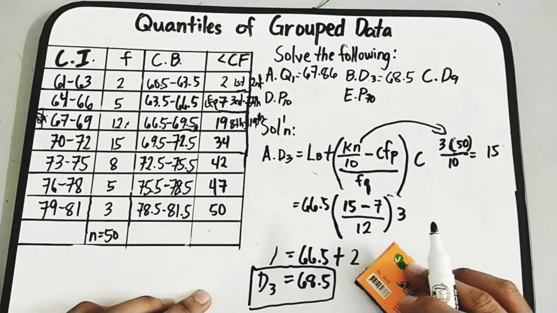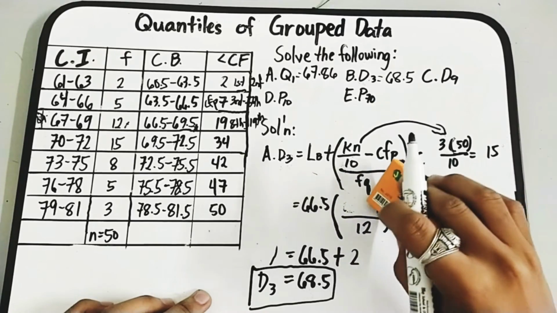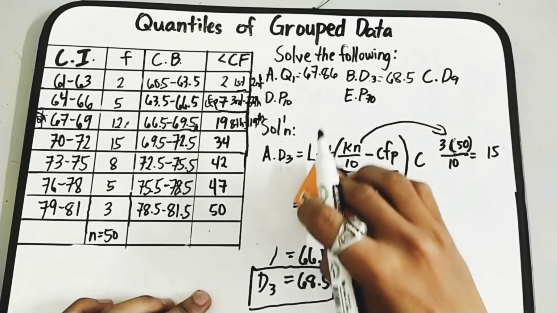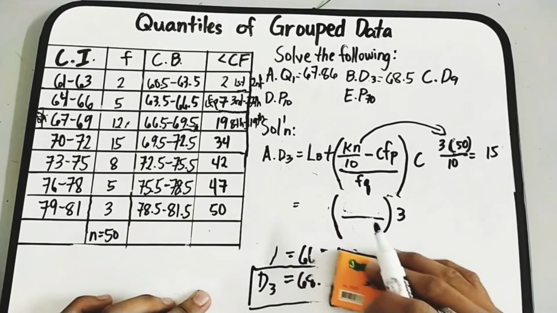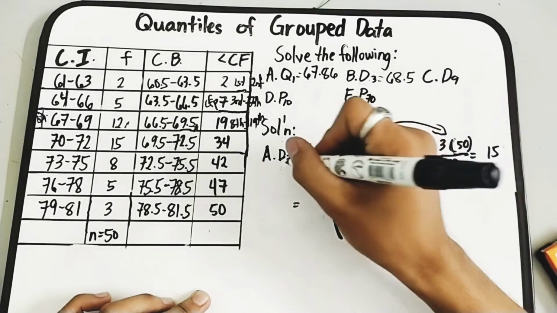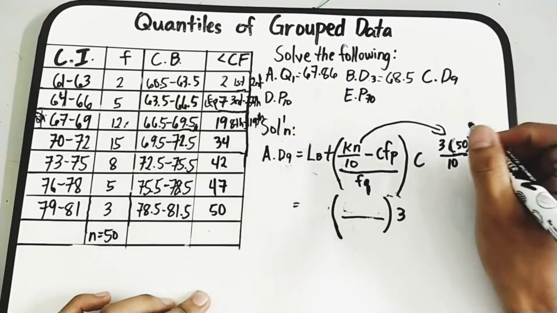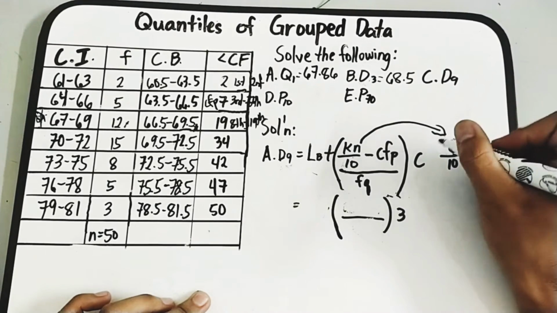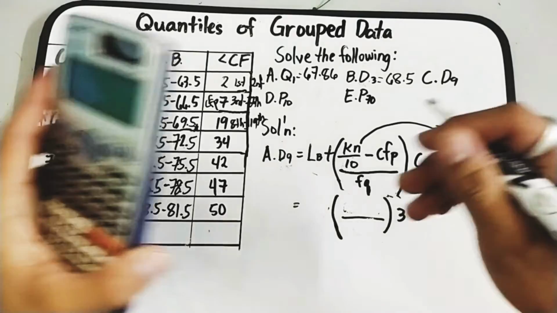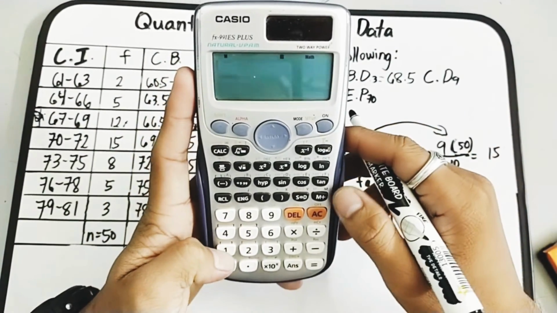Ngayon, same formula. Baguhin na lang natin to. Try natin to mga to. Ayan. So, since decile 9 yung hinahanap natin, baguhin lang natin to. We have 9. 9 times 50 all over 10.